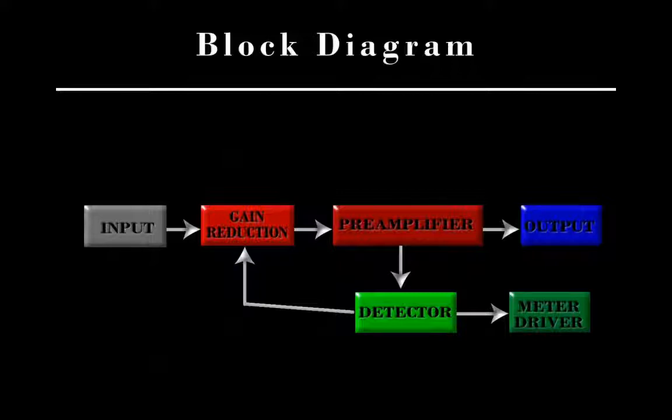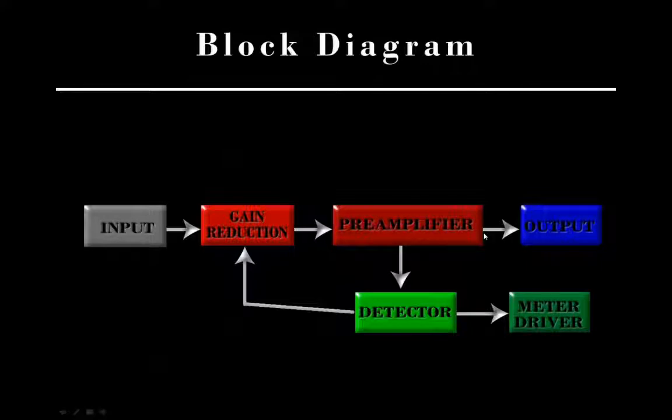So this is a compressor. There are really three parts that it has to have. It has to have a signal path, and a control circuitry path, and then something to do with actual gain reduction. So we come into the input, there's gain reduction, there's a preamplifier that amplifies after that gain reduction, and then an output section.